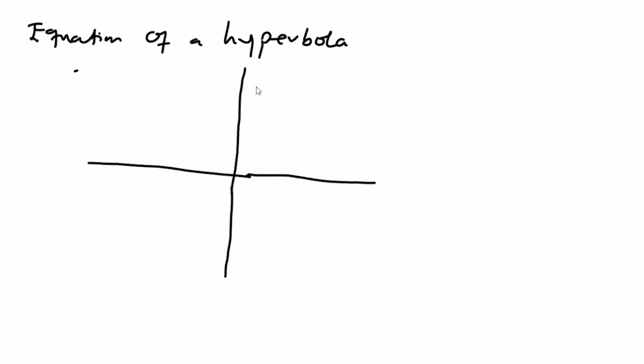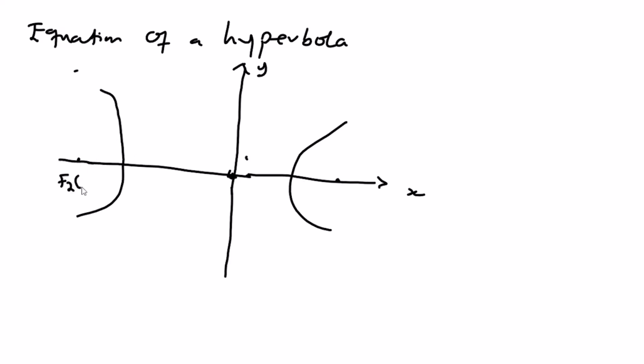I have y and I have what? X. Now these are the branches. We have the branches here. Now we have the center here. Then we have a focus, and another focus here. We have two.